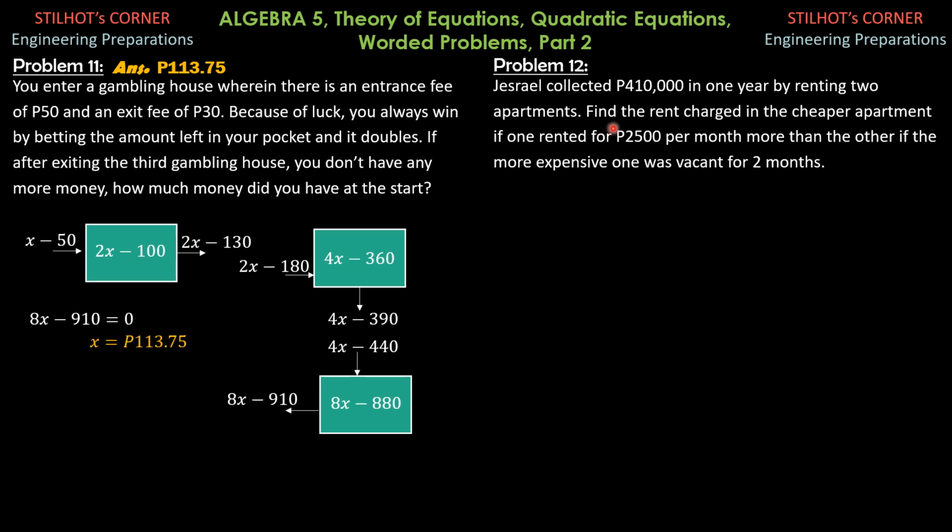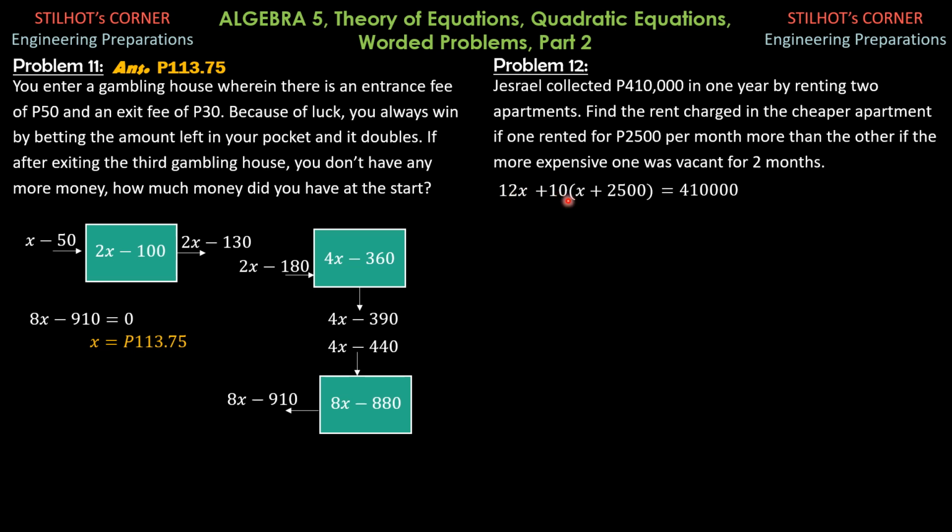So therefore, the amount collected in the cheaper apartment is 12 times x, plus 10 times quantity x plus 2,500, the rent charge for the more expensive apartment, and it is equated to 410,000 pesos.